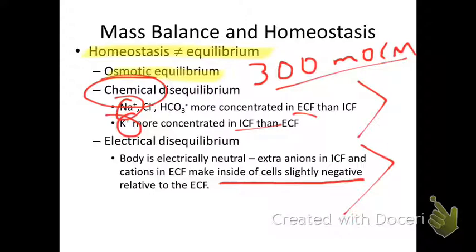So if I could take a little electrical probe and put it inside the cytoplasm of a cell, it would be, quote, more negative than the environment outside of the cell. And this is going to be because the intracellular fluid has more anions, more negatively charged ions, and, as we'll see in a moment, more proteins, which are also negatively charged.